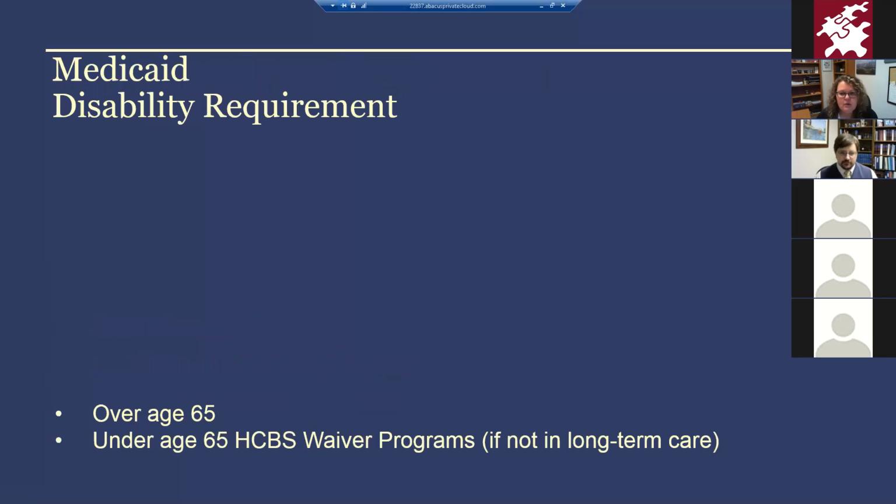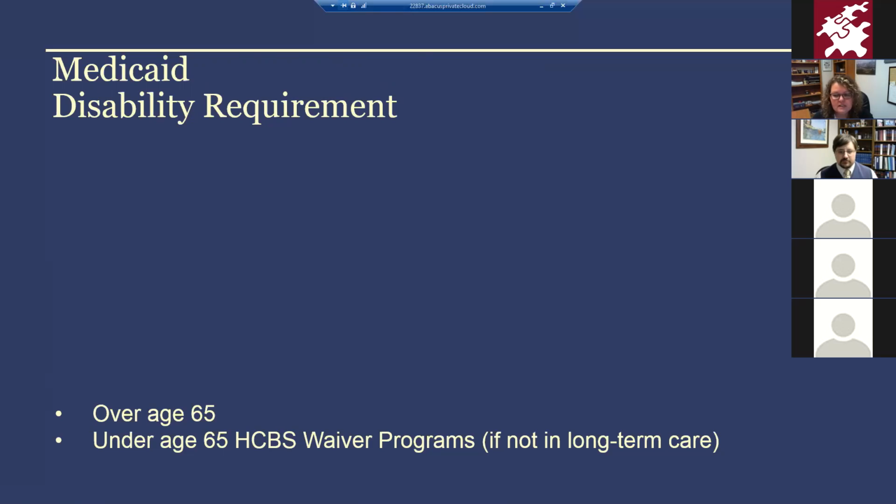Medicaid disability requirements. For Medicaid, they consider anybody over age 65 to be disabled just because of their age. For those under age 65, we have HCBS waiver programs if they're not in long-term care. Long-term care qualification means the disability requirement is met.